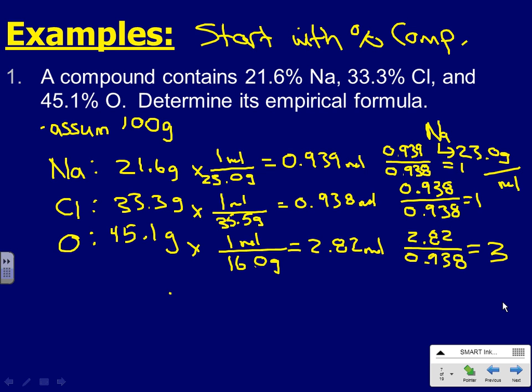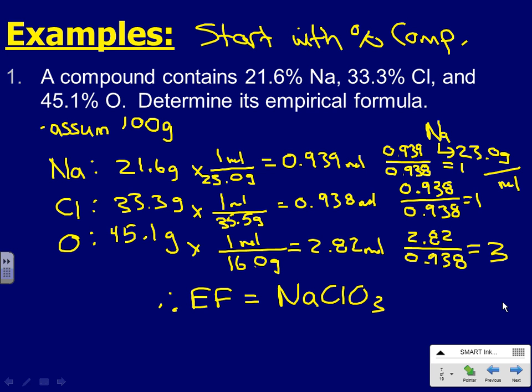And therefore, the empirical formula, and I just write it as EF, is Na1Cl1O3. We simply take the molar mass, convert the mass into the moles, we divide by the smallest number to make it into a whole number ratio.